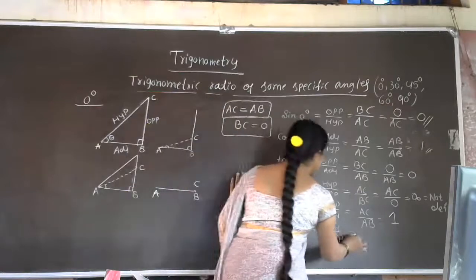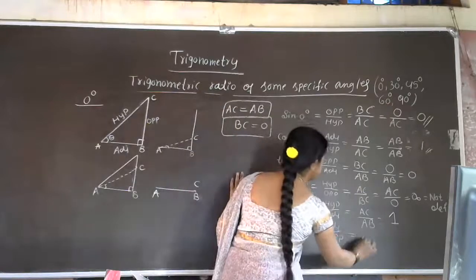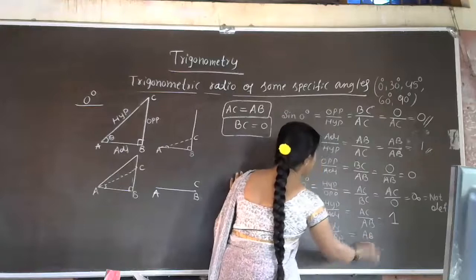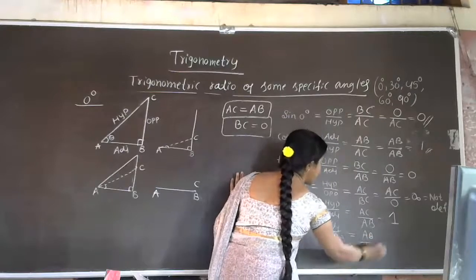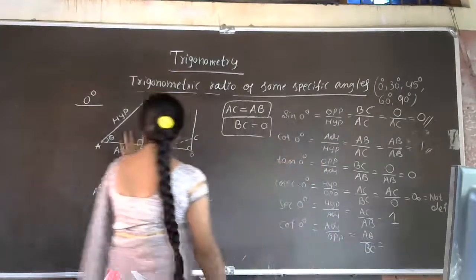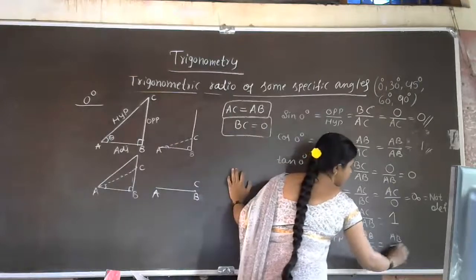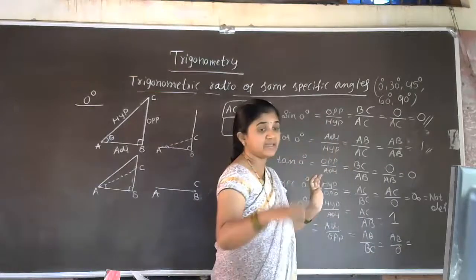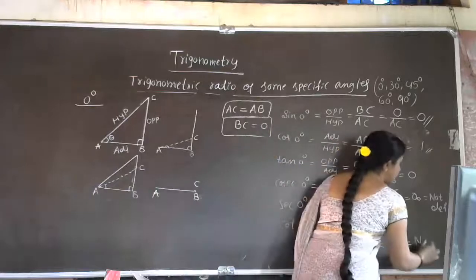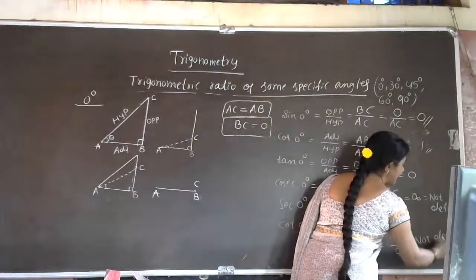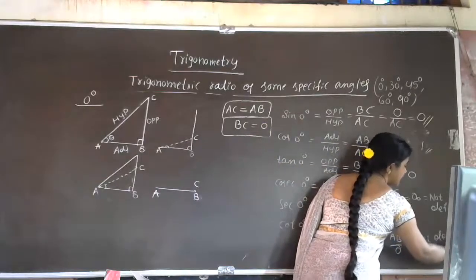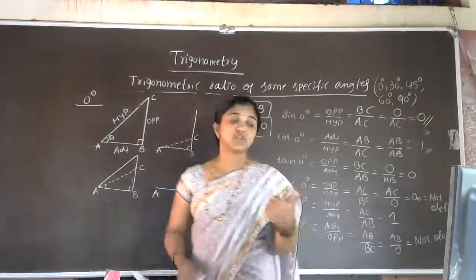Cot 0 is adjacent by opposite. Adjacent is AB, opposite is BC. Yes, AB divided by 0. What is the value? Again, in the denominator 0 is there, so not defined. If in the denominator 0 is there, we have to take this as not defined.